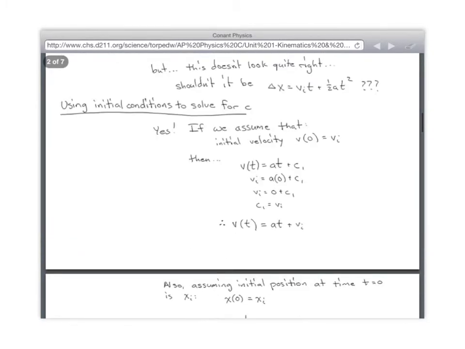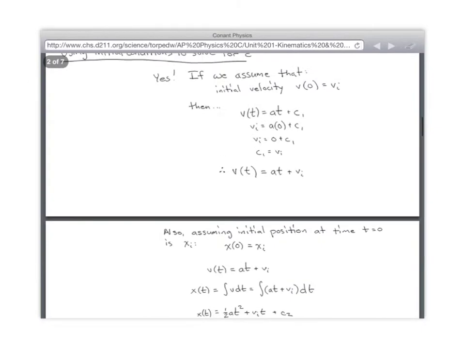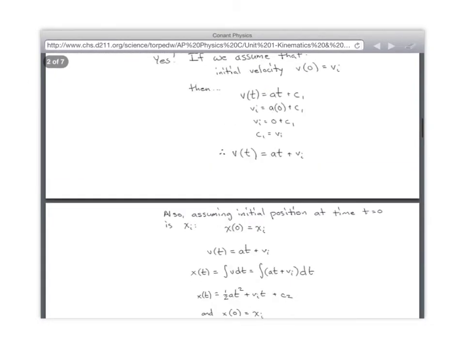So, assuming the initial position is xi, that means x at time 0 is equal to xi, right? Well, now we can just take that and plug it straight into the equation with x's in it. We knew that C1 was VI.